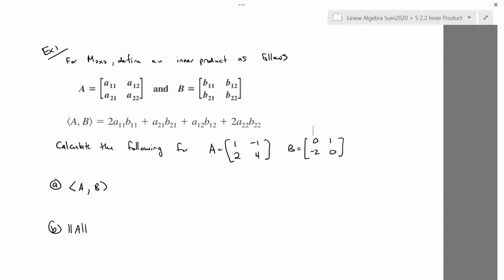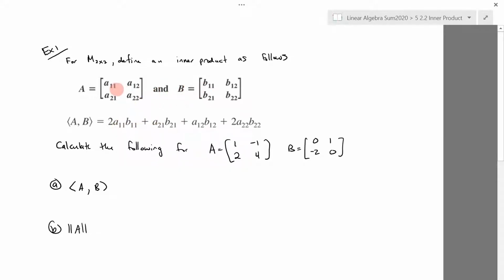Here we look at an example of an inner product on the vector space of 2 by 2 matrices. To define the inner product, we have to show how to calculate it using the coordinates of two arbitrary matrices. It's defined in this way.